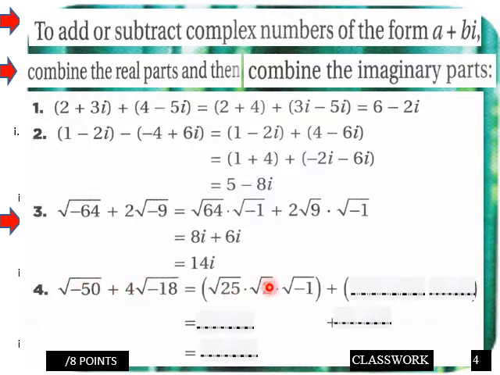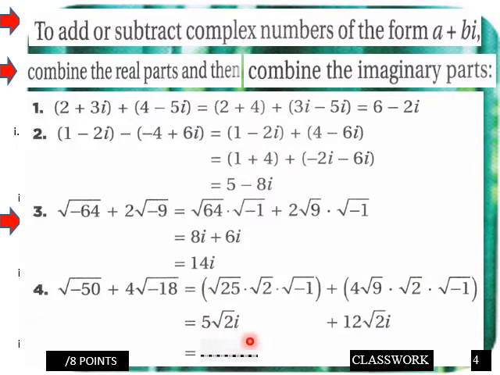Then same thing here: we factor out stuff underneath our radical, use the radical property of division, and the same thing over here. We factor out certain forms for our radicals: 5 times the square root of 2 times i plus 12 times the square root of 2 times i. Then we combine these two, 17 times the square root of 2 times i.